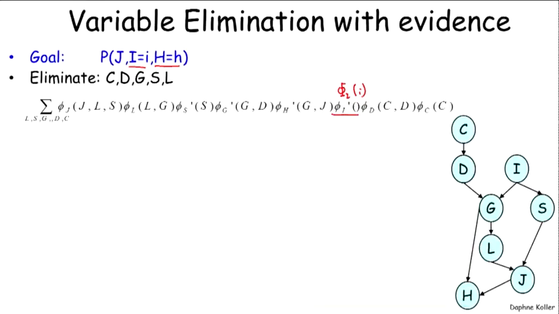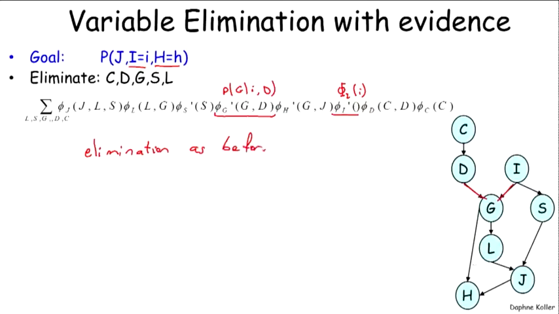And whereas, for example, G depended on D and I, as we can see in the original diagram, here phi G in the reduced factor doesn't depend on I and is really probability of G given little I and D. And the same reduction occurs for H equals H, and so we end up with the following set of reduced factors. And now once we have that set of reduced factors, we do elimination exactly as before.